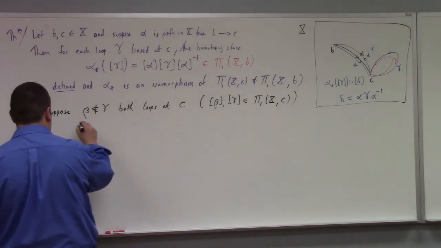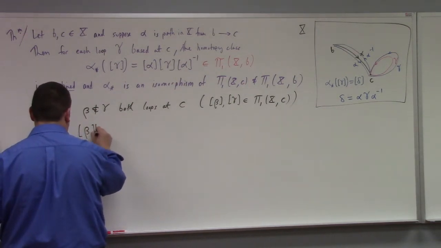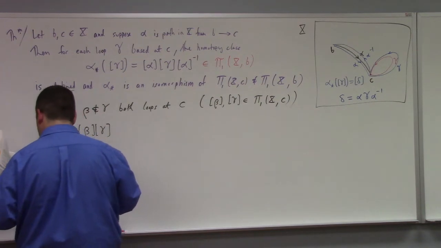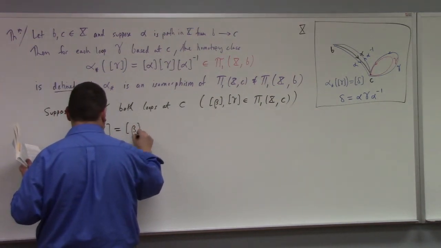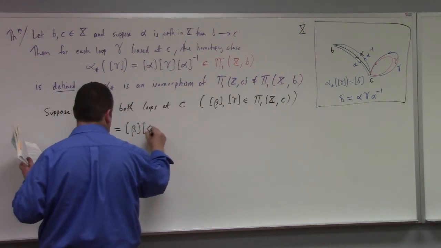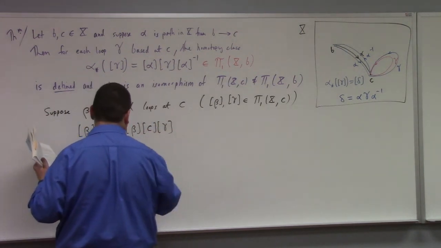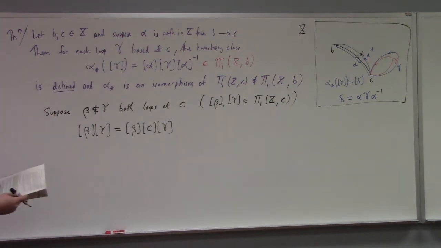And here's what he does. He's like, okay, then if we look at beta gamma, that is equal to beta C gamma. Do you guys agree with this? Remember, the constant path doesn't change the path if we multiply it appropriately at the starting or ending point.